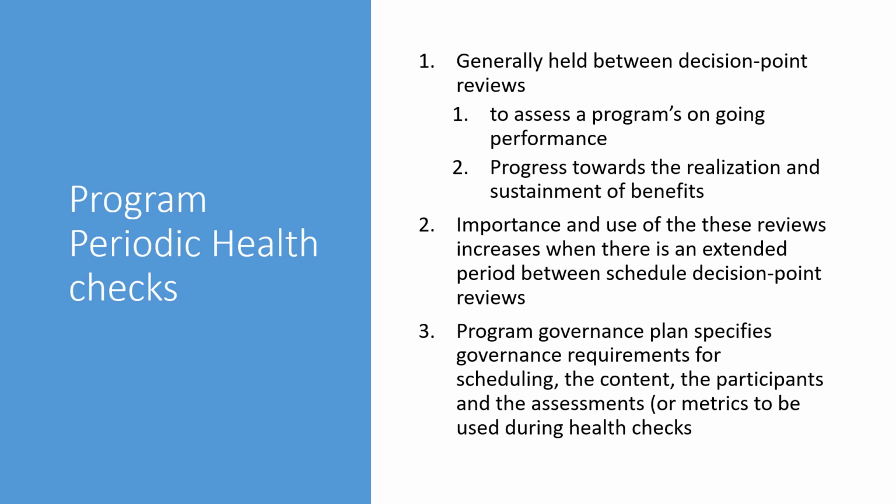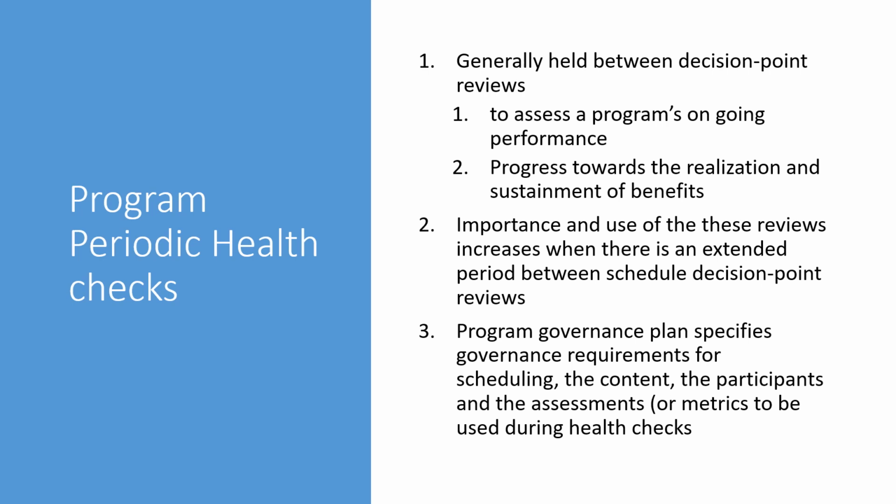Now let us look at one more area of program governance practices, which is program periodic health checks. Generally periodic health checks happen between decision point reviews to assess the program's ongoing performance and progress towards the realization and sustainment of benefits. The importance of these reviews increases when there is an extended period between the scheduled decision point reviews.